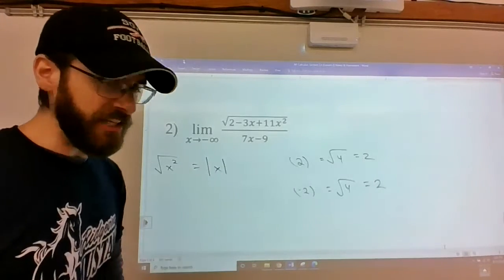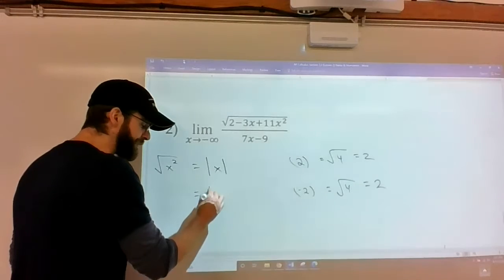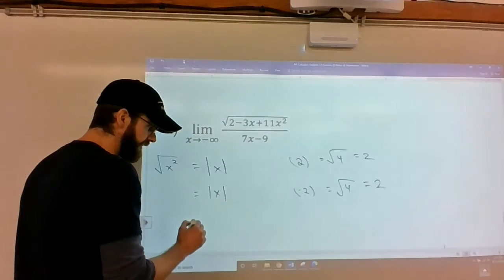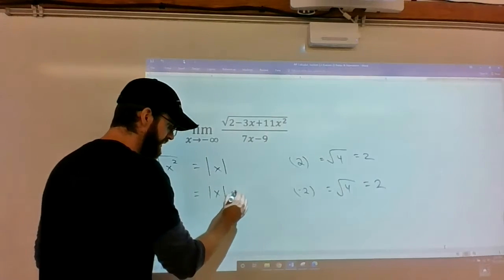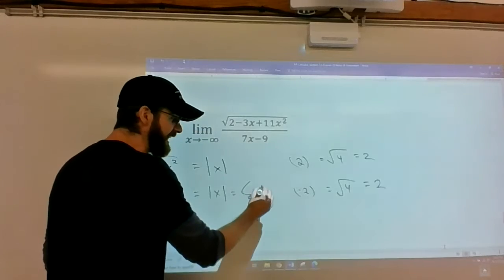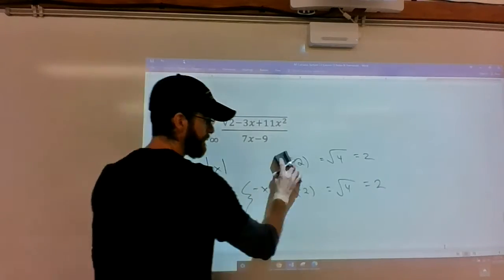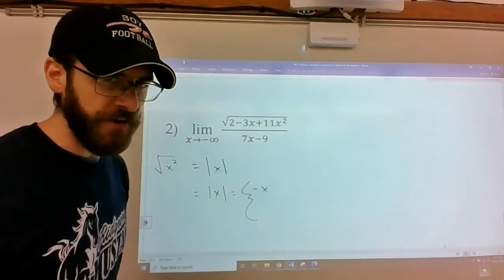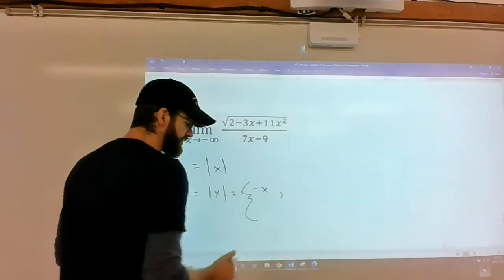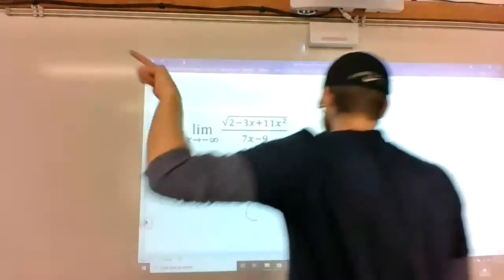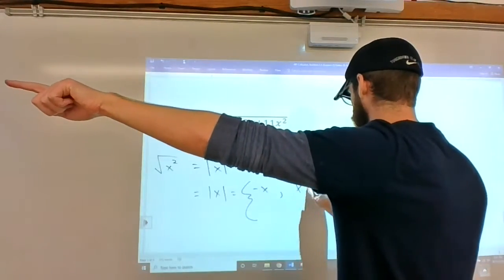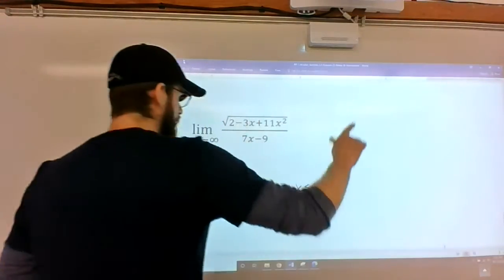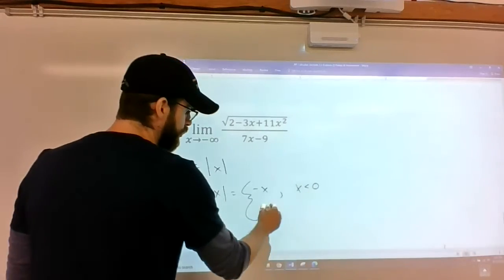And then you have to think in terms of the absolute value of x is the same as negative x. Remember when we turned absolute values into piecewise functions? Negative x when you are less than 0, and x when you're greater than 0.